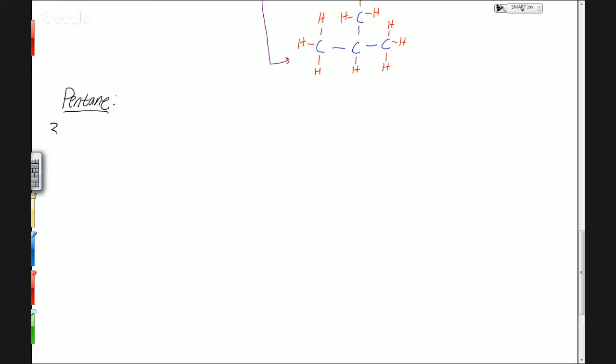Pentane has 3 isomers. 3 different molecules that are all made of the same number of carbons and hydrogens. If we go back up to our chart, we see that pentane is C5H12. One isomer we already drew. It's the one where they're all in a line.